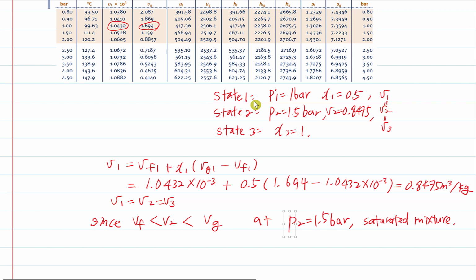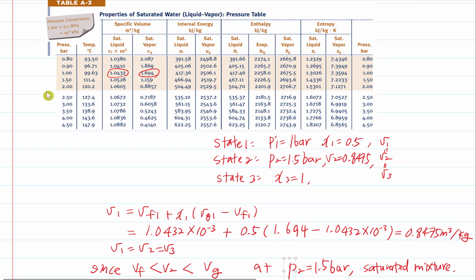So both state 1 and state 2 are in the saturated mixture. So temperature T1 is at 99.63 degrees Celsius, and T2 at 1.5 bar is 111.4 degrees Celsius. Second, determine the mass of the vapor present at state 1 and 2.